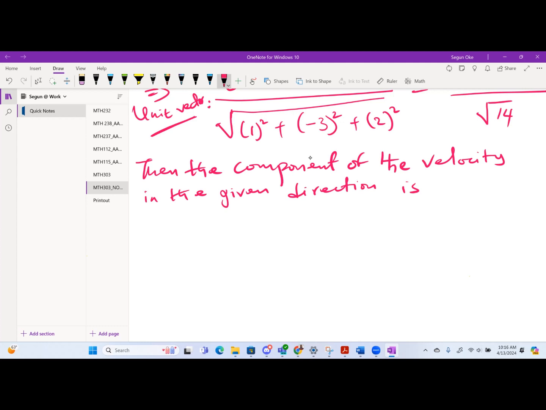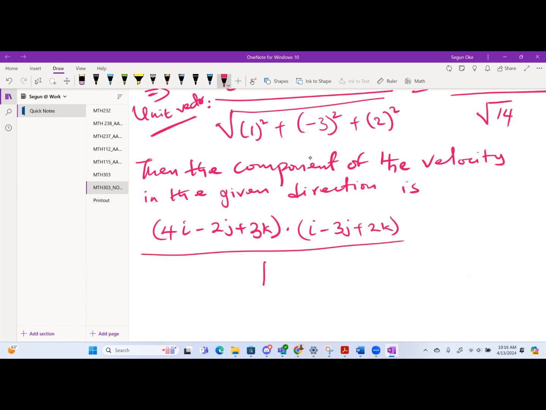Remember, we calculated the velocity to be 4i minus 2j plus 3k, dot the unit vector. Our unit vector is i minus 3j plus 2k divided by the square root of 14.